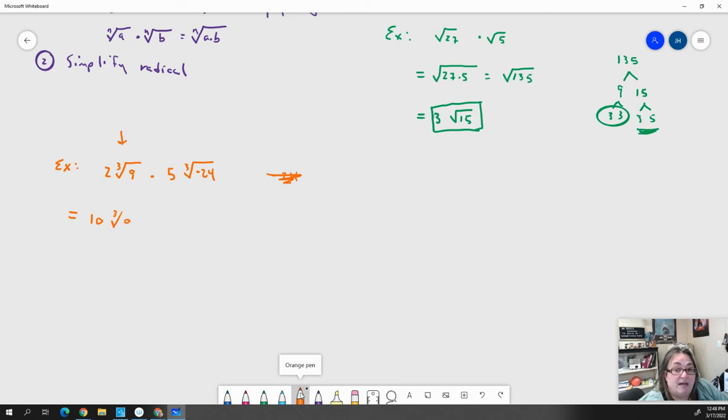The cube root of 9 times the cube root of negative 24, I can write like this. 9 times negative 24 is negative 216. So I have 10 times the cube root of negative 216.